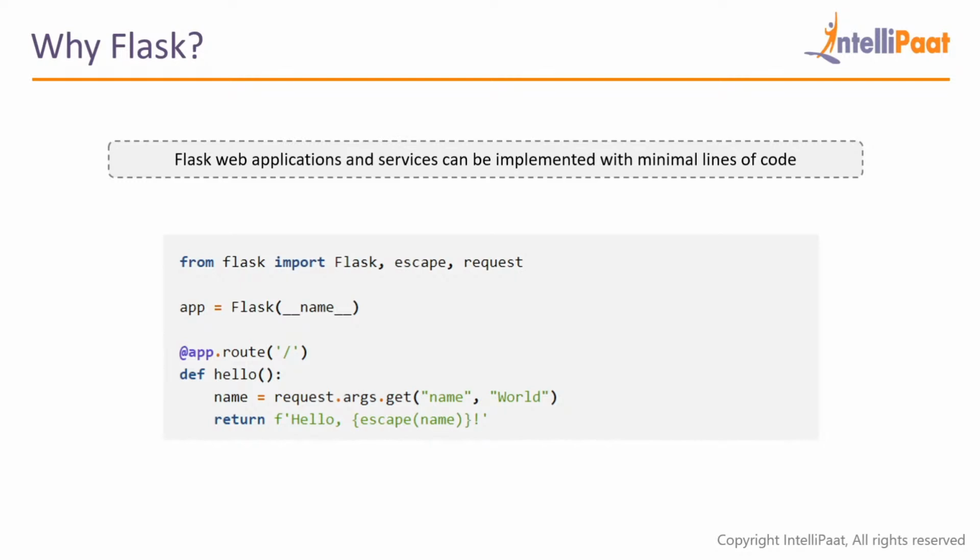But with Flask, you can simply create a variable, as we can see on the screen, called app. We've equated it to a new Flask app. That is all we have to do in order to create a Flask application, and then we can simply run that application to deploy our server.